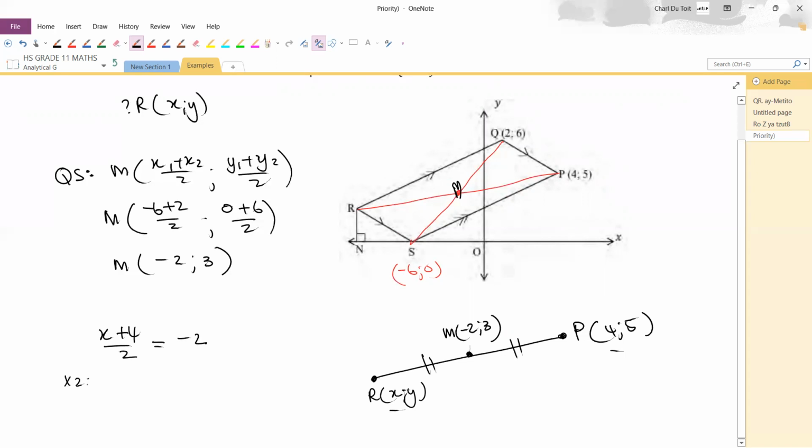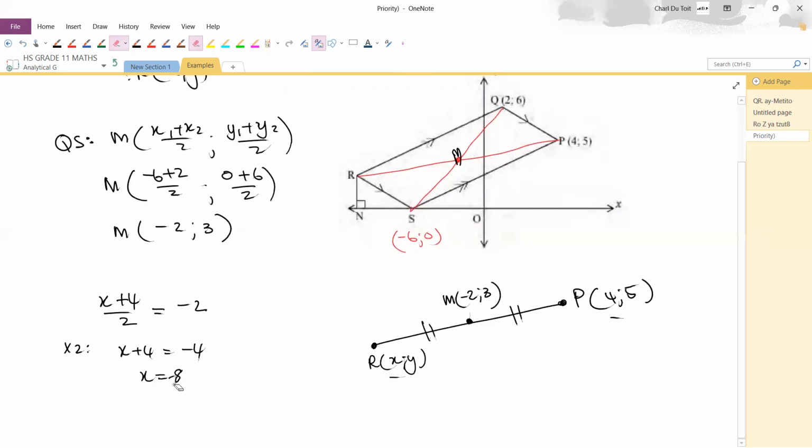I multiply with 2, we did this last week. X plus 4 is -4, so X is -8. Let me write that slightly neater. X equals -8.